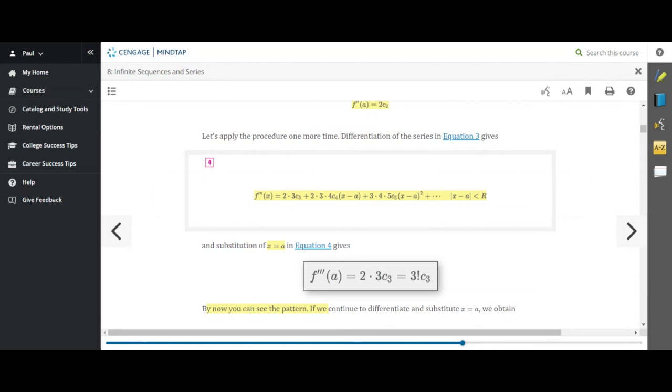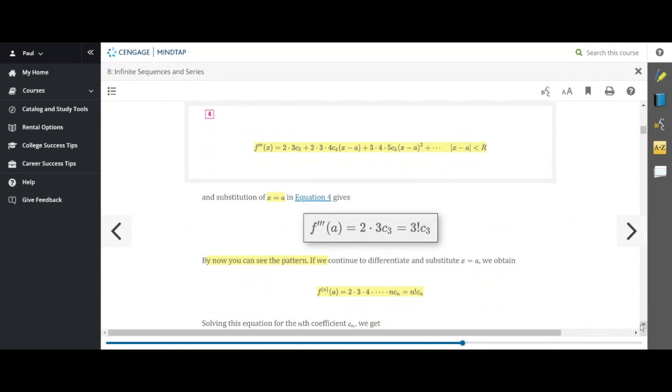You see how in that third derivative factorials are building up? And so in general, c sub 3 would be the third derivative of the function at x equals a divided by 3 factorial. And you can keep going and going with this.